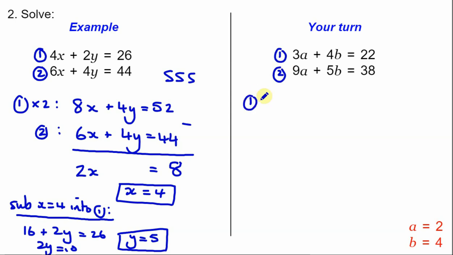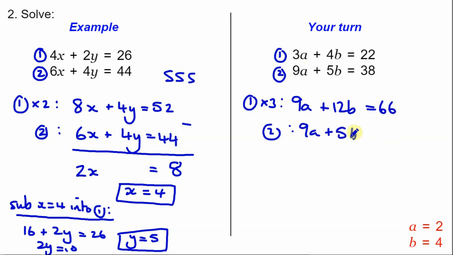I'd have done equation 1 times by 3 this time, because I want to match the a's up. So 9a plus 12b equals to 66, and then I'm going to write equation 2 just below it. Same sign, subtract.